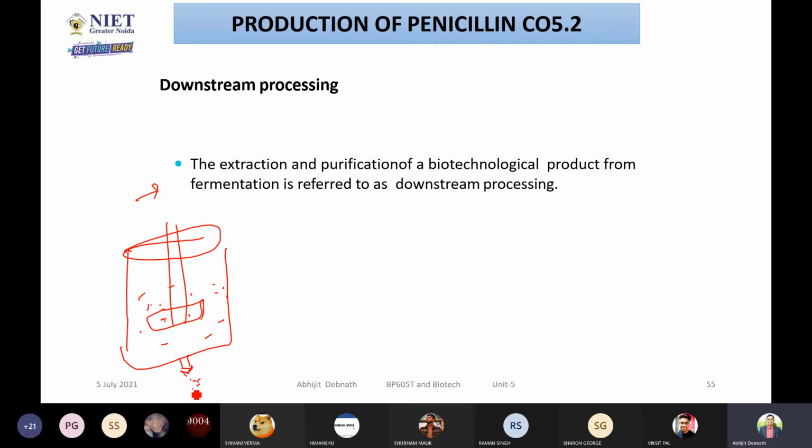Now the penicillin whatever you have prepared here is not completely pure, or not in the correct form, so that you can give it as a drug to the patients. It is not so accurate. So first you will do filtration and other kinds of activity, and after that you can further modify it. That process is called downstream.